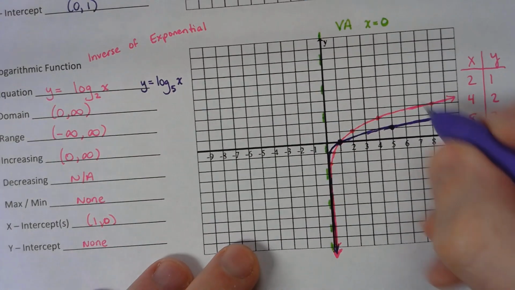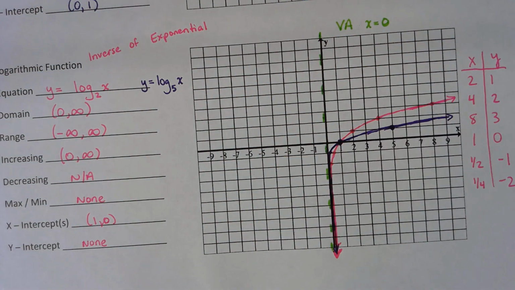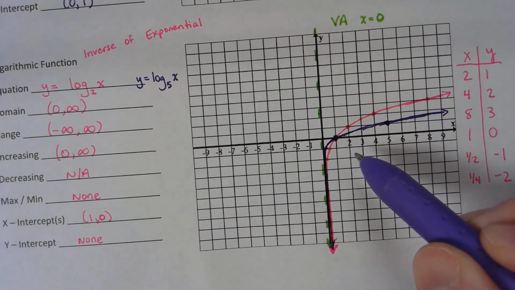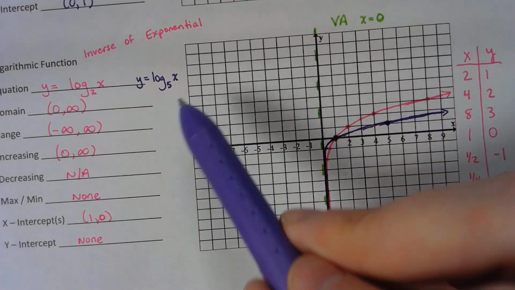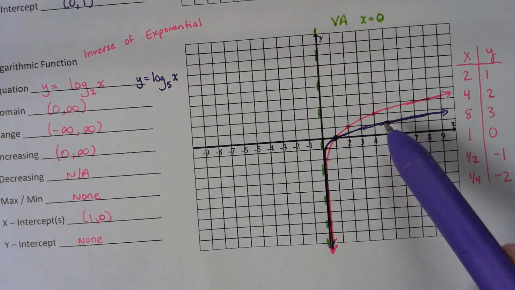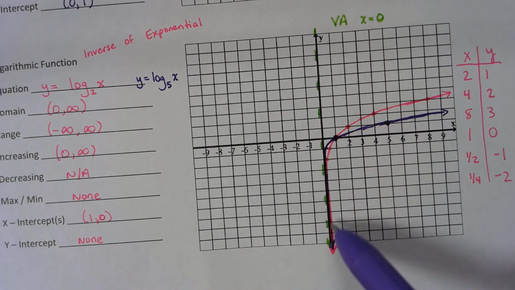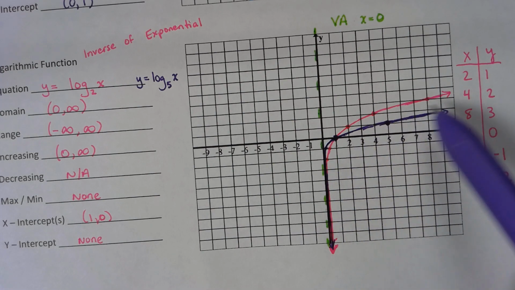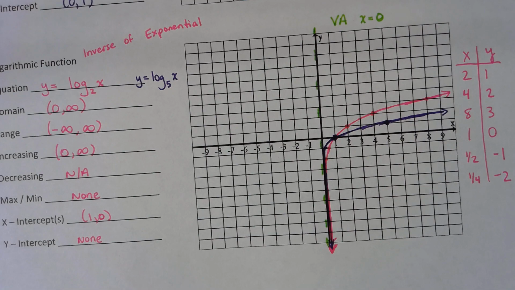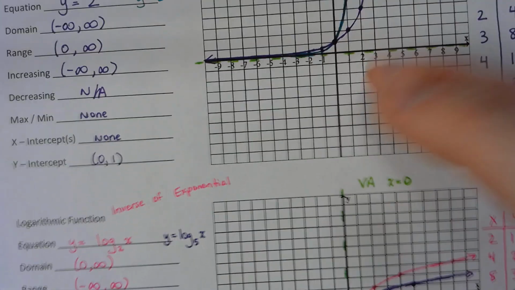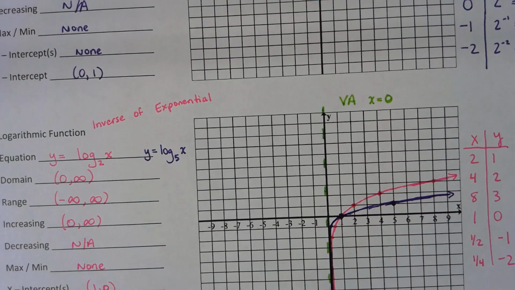So there's our graph of y equals log base 5 of x, just to show you that you can have really similar looking shapes, but if you change that base, the points are going to shift a little bit, but it has the same shape to it, where it wants to follow the y-axis upwards and then curve off and go towards infinity. Neither one of these graphs, neither the exponential or the log graph, have any kind of symmetry to them.